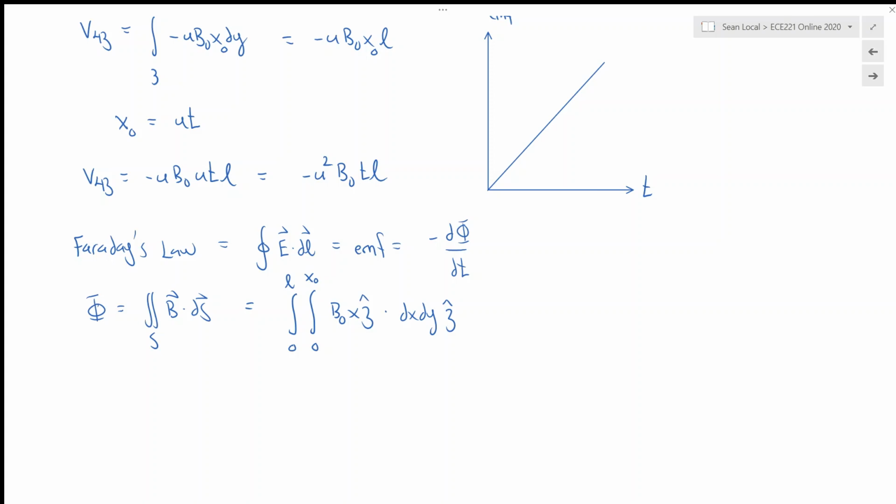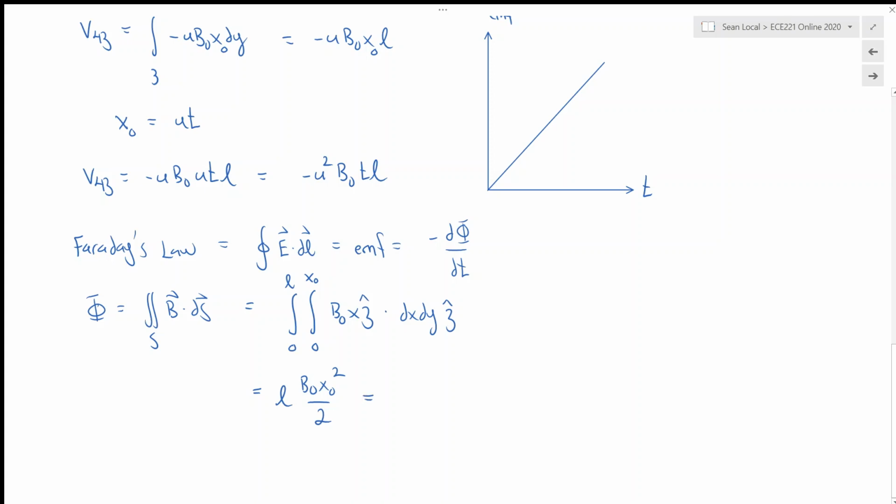All right, so the dot product with z hat is going to turn this into a scalar product, and so this integral is going to become, well, the integration over y, nothing depends on y, so that's just going to integrate to L. And the integral over x, we have a linear function of x, so that's going to turn into a quadratic function of x, so we're going to end up with B naught x naught squared over 2 when we integrate over x.